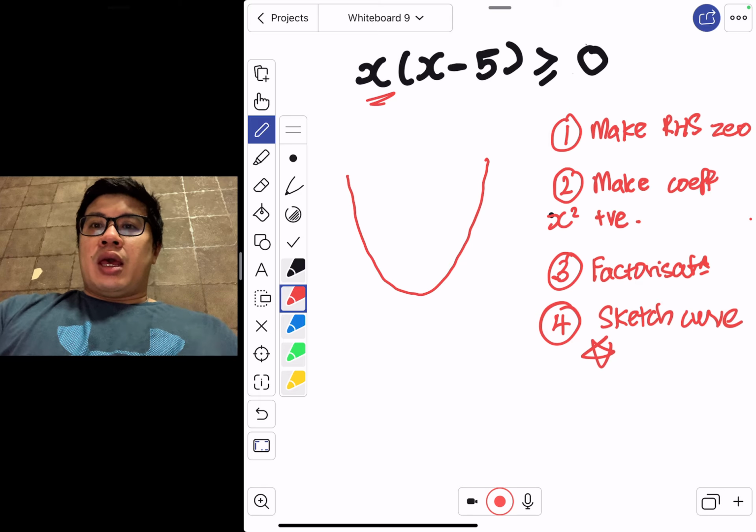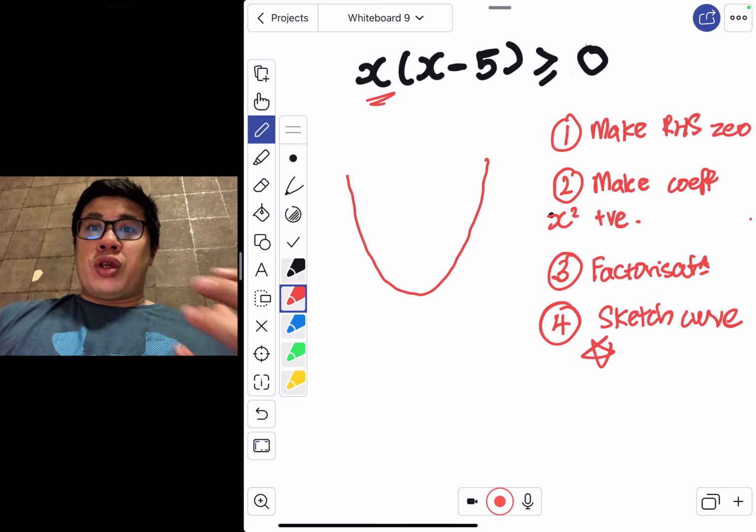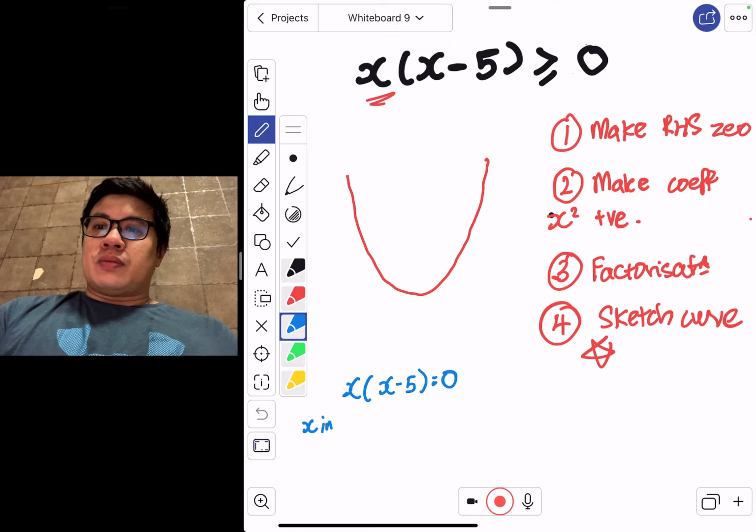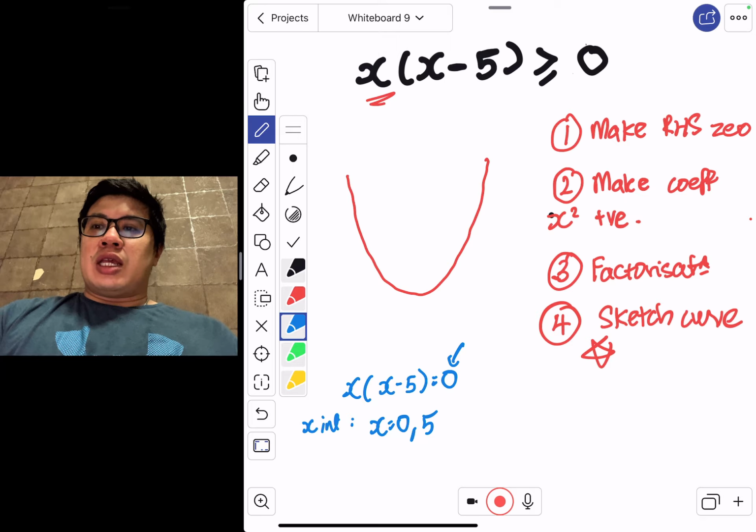And if you treat it as though you are solving an equation, x(x - 5) equals 0, it means your x-intercepts are x = 0 and x = 5.